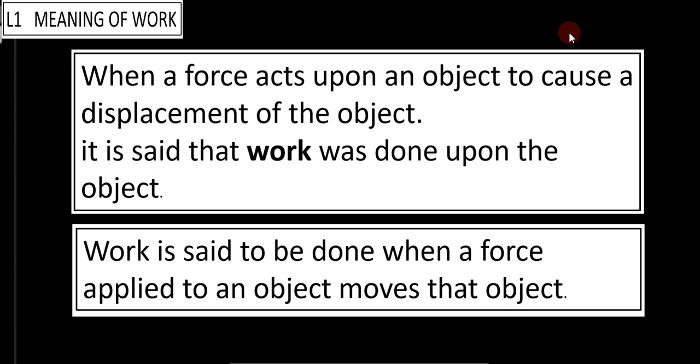Either they may be opposite to each other or in the same direction, but remember, they should be parallel to each other.